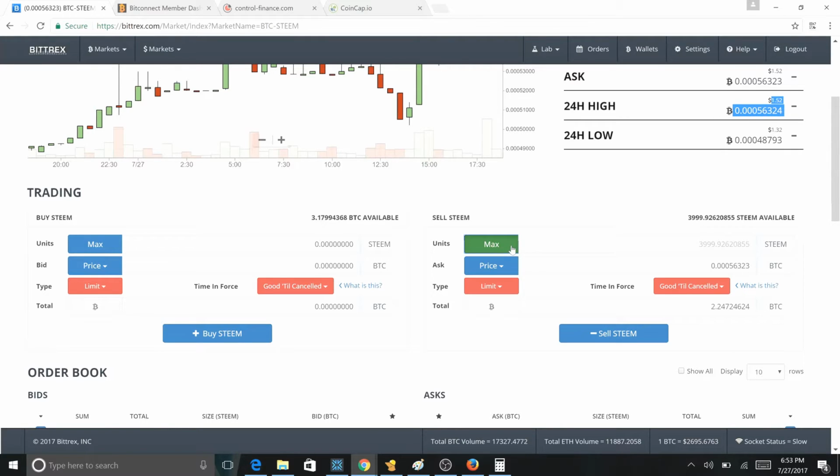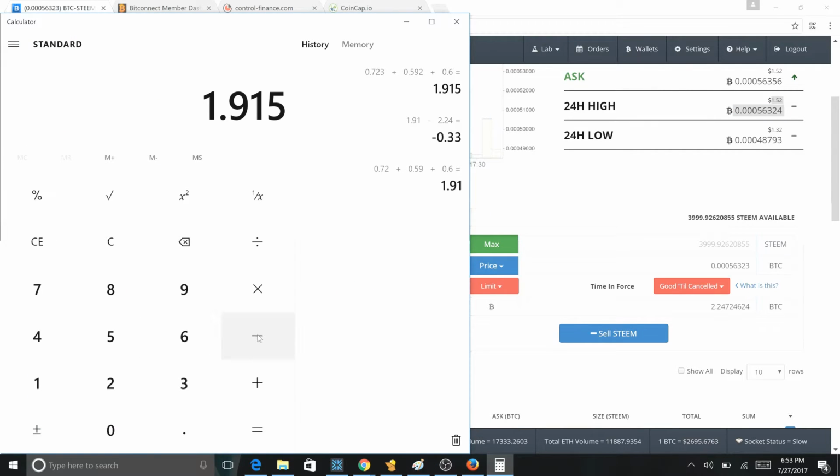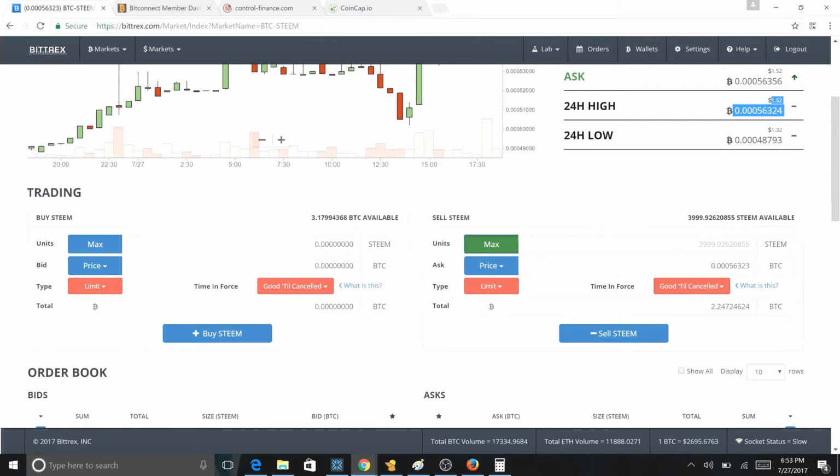I want the max amount sold for 2.2472 Bitcoin. If we go to the calculator again real quick and we minus 2.247, we come up with a 0.332 Bitcoin profit off of this trade.